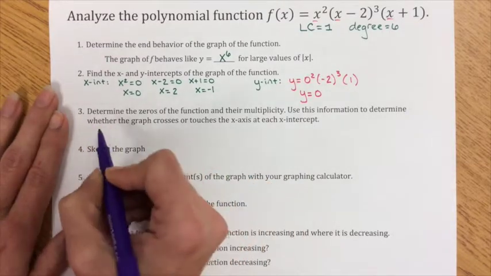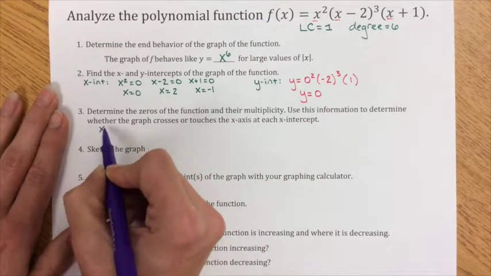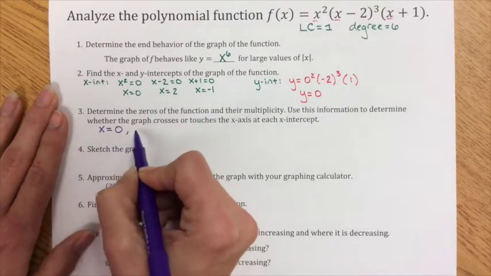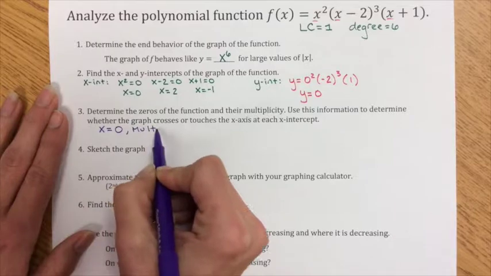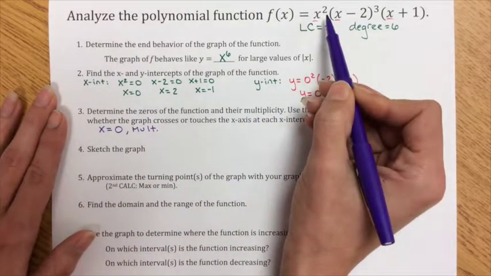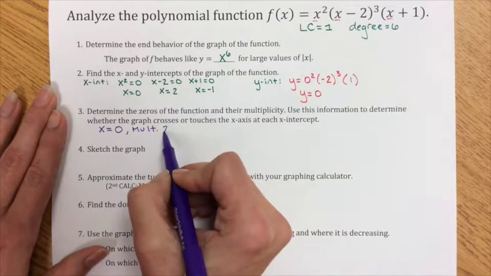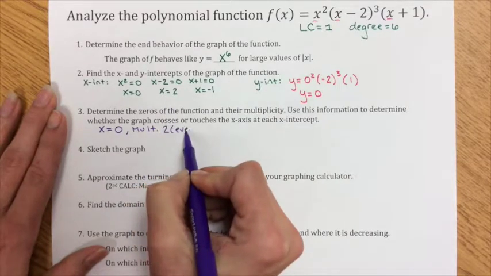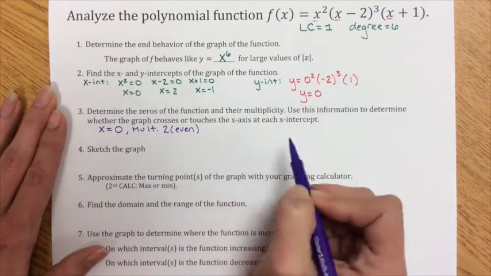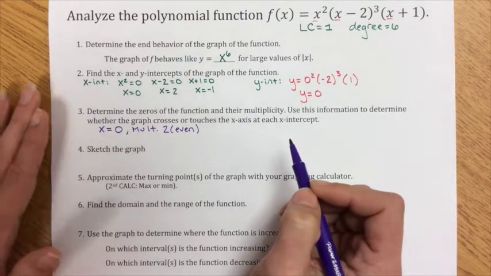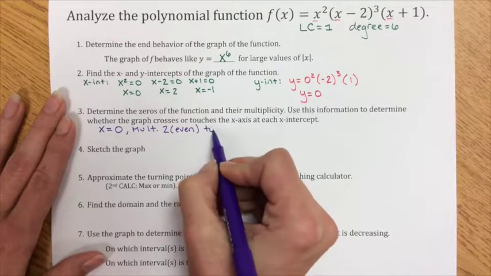So we can say that x equals 0 has a multiplicity of, if we look up here, this is where x equals 0 came from, so it has a multiplicity of 2, which is even. And an even multiplicity touches the x-axis and turns back around.